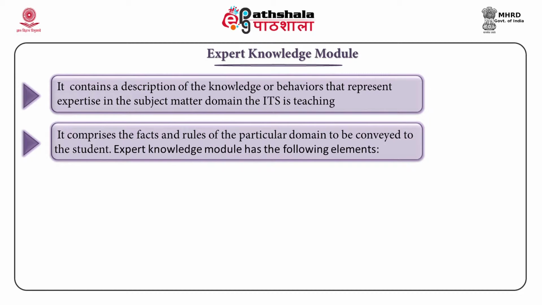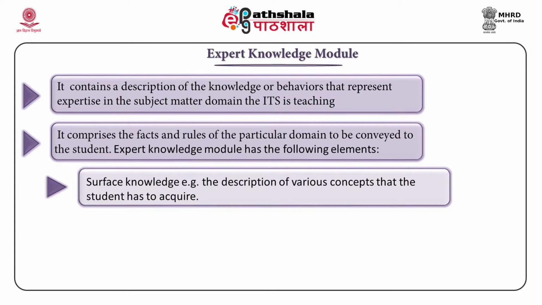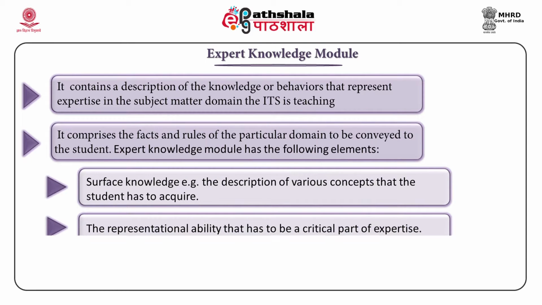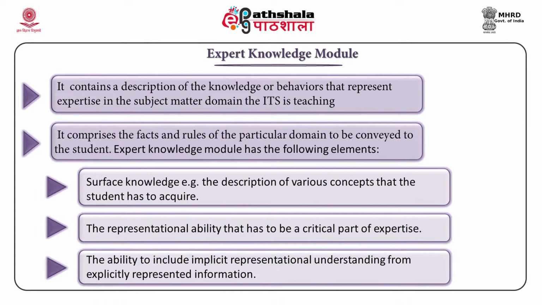The expert knowledge module has the following elements. It has surface knowledge, for example, the description of various concepts that a student has to acquire. Second is the representational ability that is a critical part of expertise. Third is the ability to include implicit representational understanding from explicitly represented information.